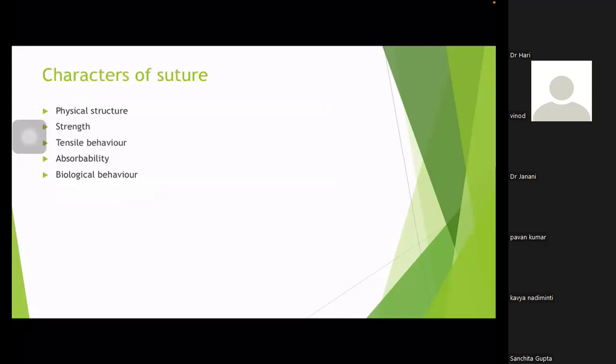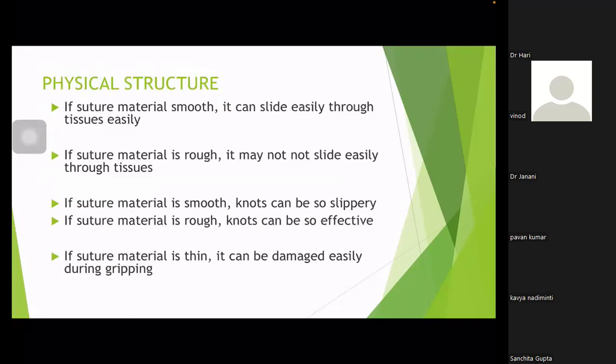Characters of a suture: physical structure, strength, tensile behavior, absorbability, and biological behavior. Physical structure: if a suture material is smooth, it can slide easily through the tissues, so damage to the tissues will be less.